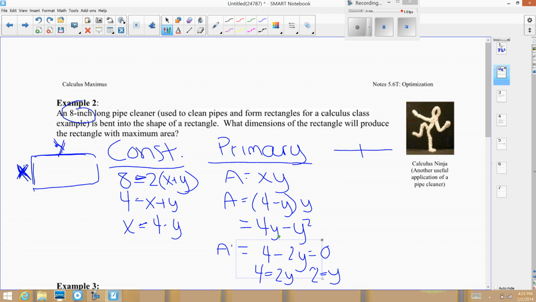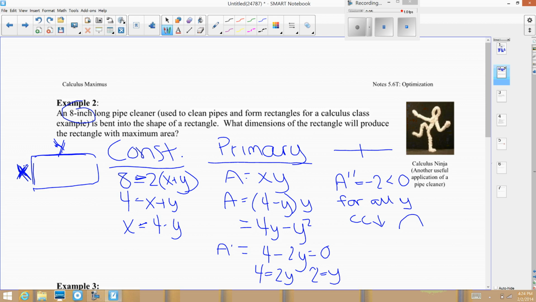This one's actually easier. Instead of doing a sign chart, the second derivative of the area is just going to be negative 2. And that's less than 0 for all y values. So it's concave down all over.